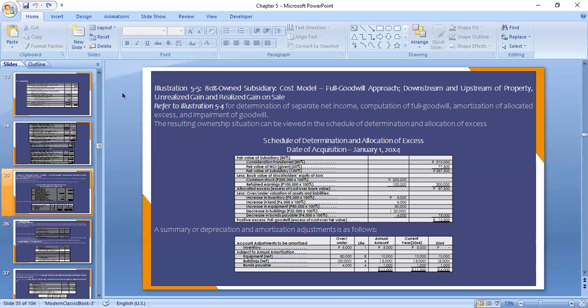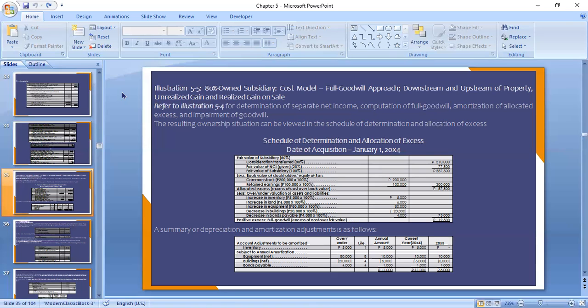Another 10,000 for 20x5. For buildings, we have now buildings of 20,000, and the annual amortization is 5,000, and this is for a life of 4 years.